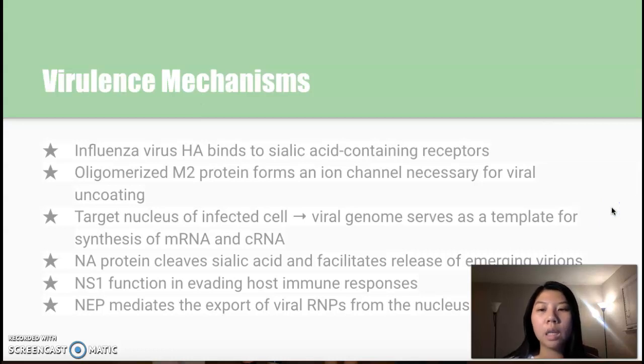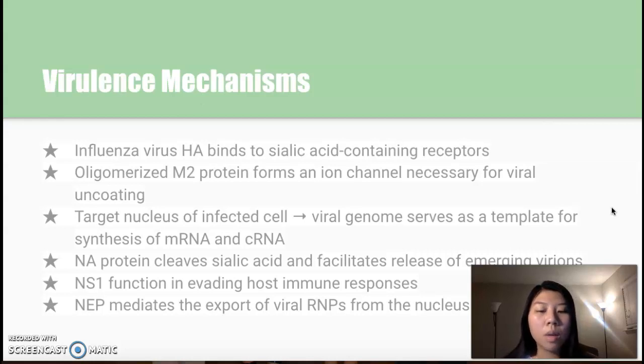Now virulence mechanisms. In the influenza virus, the hemagglutinin binds to the sialic acid containing receptors. The oligomerized M2 protein forms an ion channel, which is necessary for viral uncoating. They target the nucleus of the infected cells, and inside these infected cells, the viral genome serves as a template for synthesis of mRNA and cRNA.